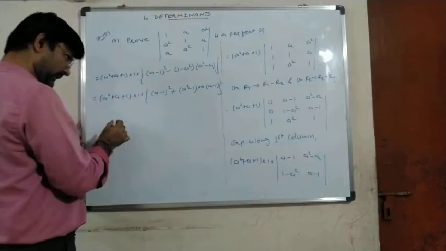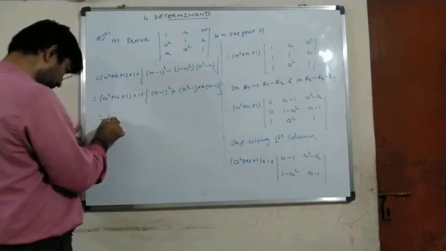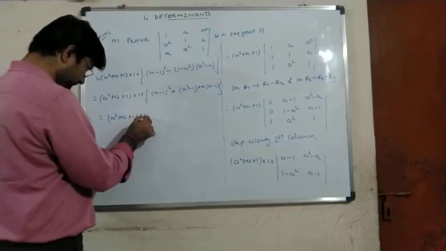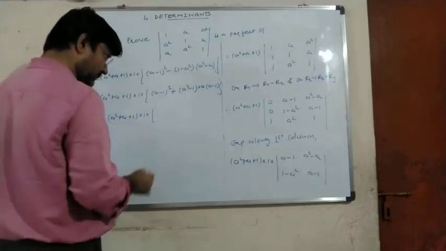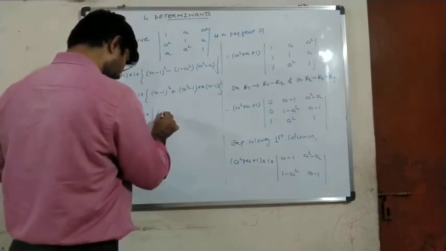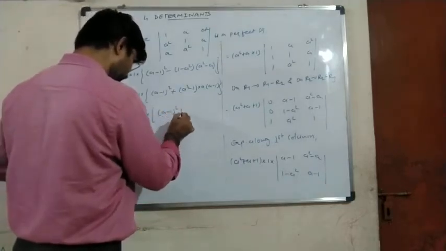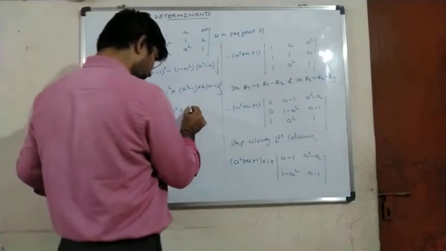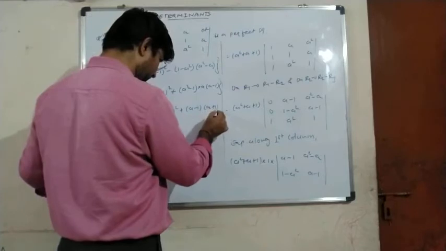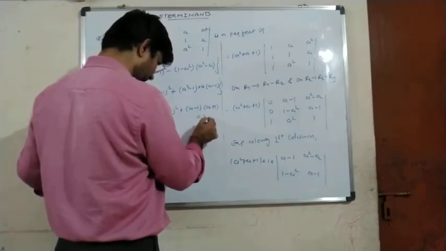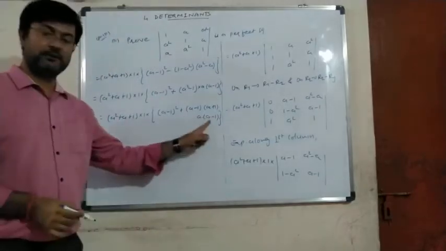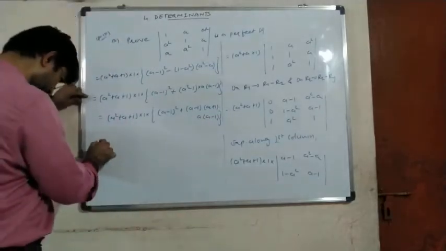Now let us further simplify. So a square plus a plus 1 into we have a minus 1 the whole square plus, here a minus 1 into a plus 1 into a minus 1. So a minus 1 will be a minus 1 the whole square.